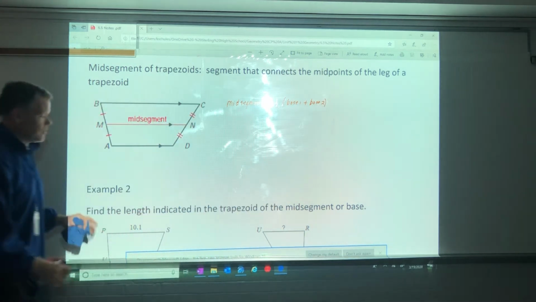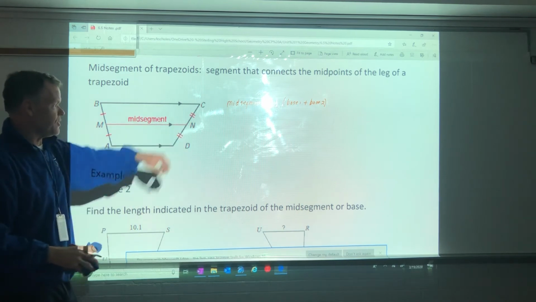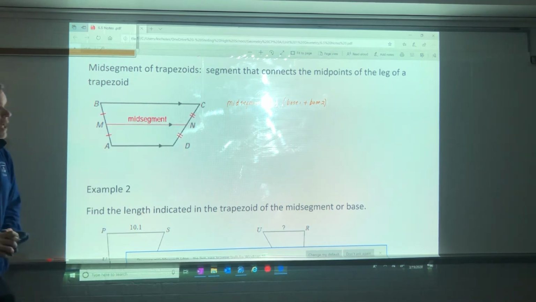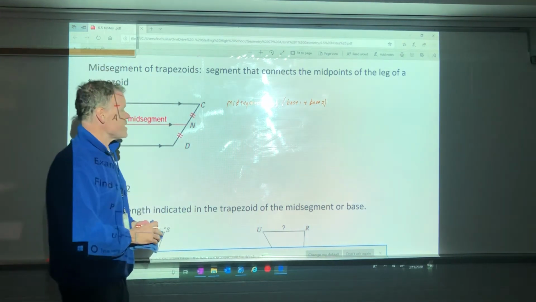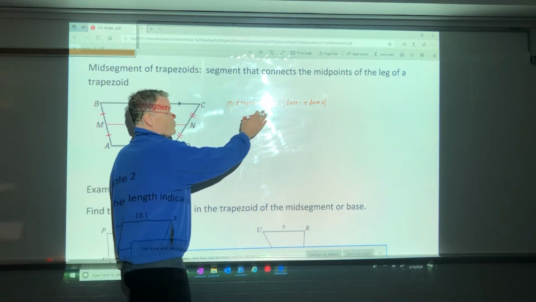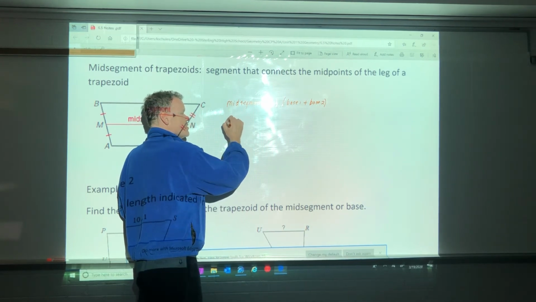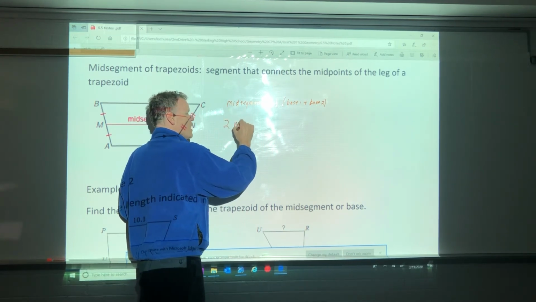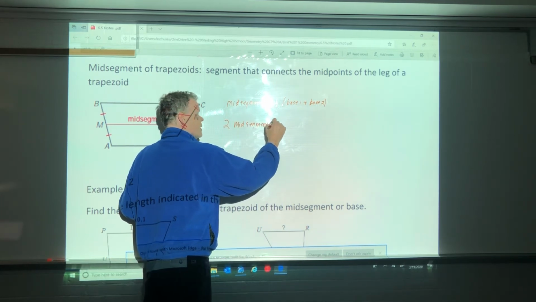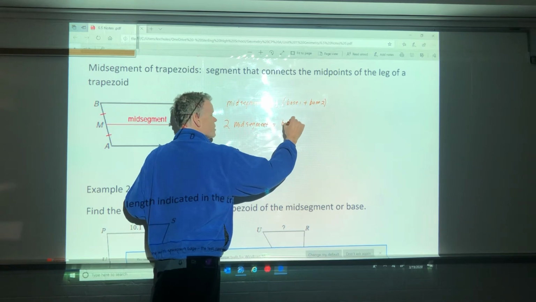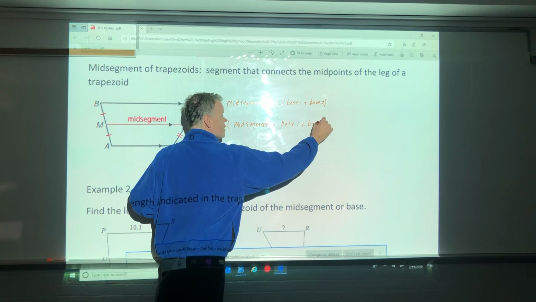All right, I think you'll see this a little more clear in an example. I actually was just going to introduce an example, but it's probably good to see up here. Another way of writing this, and we know this from when we talked about triangles, instead of saying the mid-segment is 1/2 base 1 plus base 2, you could also write this as 2 times your mid-segment equals base 1 plus base 2.